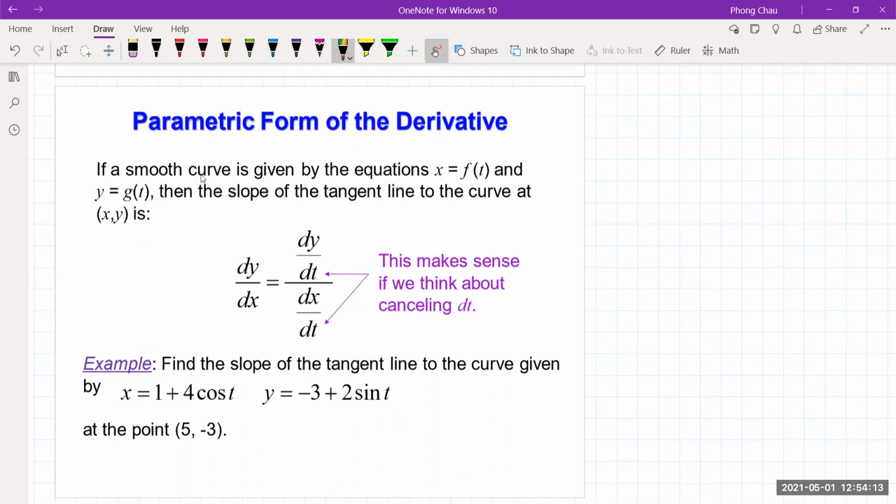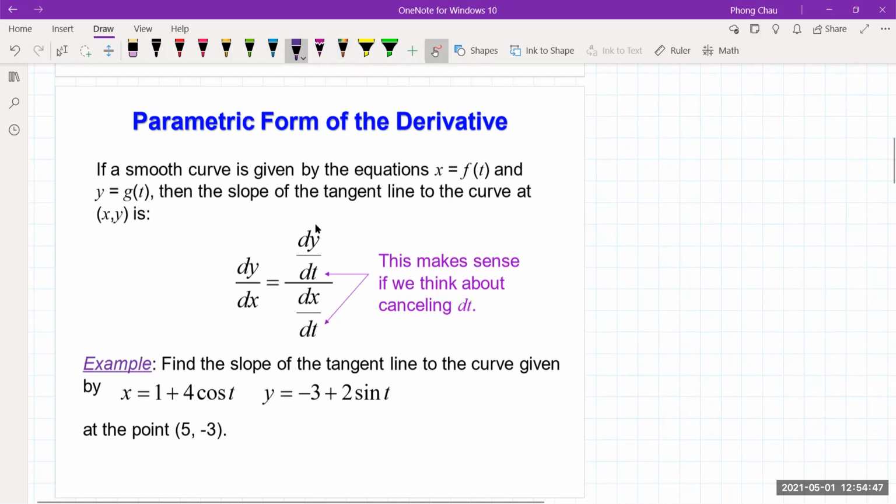If a smooth curve is given by the equations x equal f of t and y equal g of t, so you have the formula for x and the formula for y, then the slope of the tangent line to the curve at the point x, y is dy/dx equal to dy/dt over dx/dt.